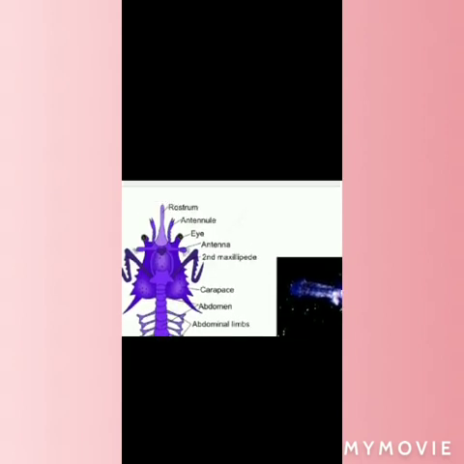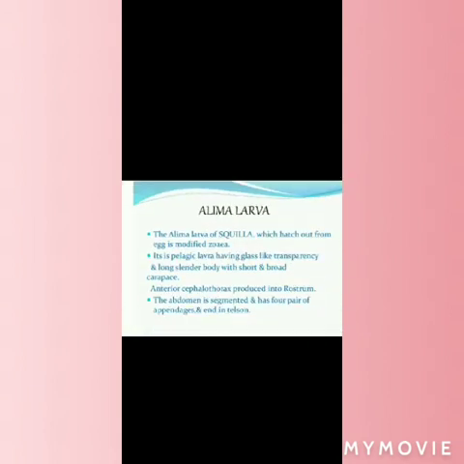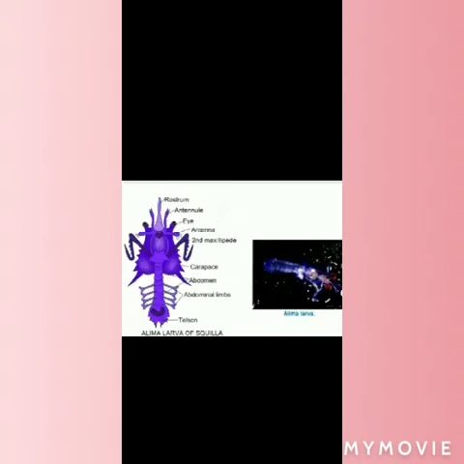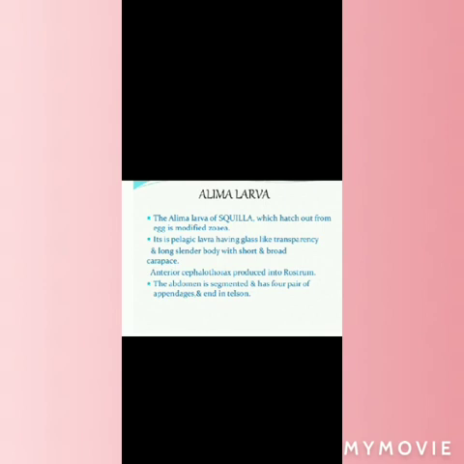See, this is the alima larva of Squilla. This beautiful diagram of the alima larva of Squilla. The characteristics: it hatches out from the egg as a modified zoea, meaning that after the zoea larva, Squilla develops to the alima larva.